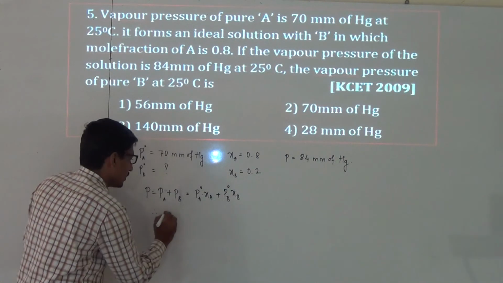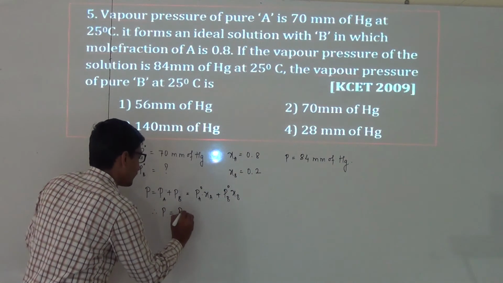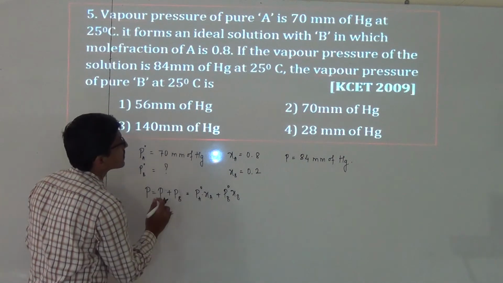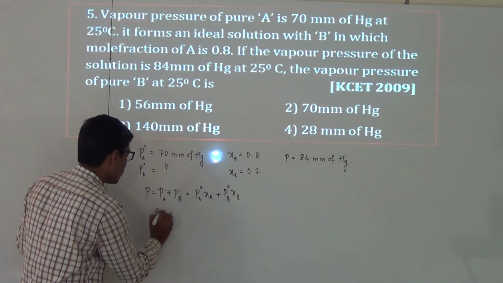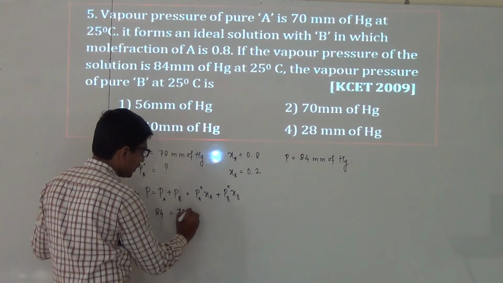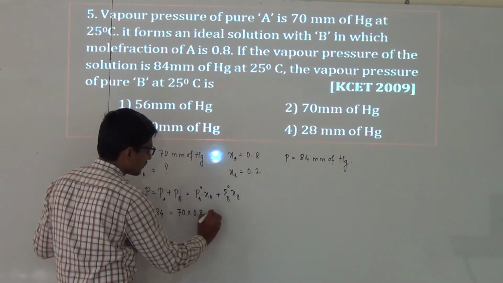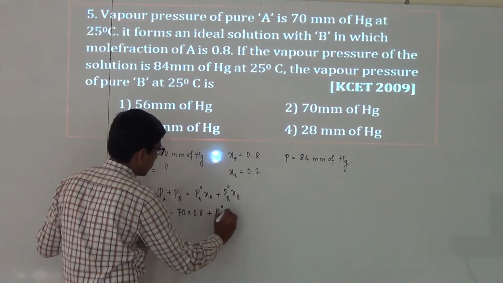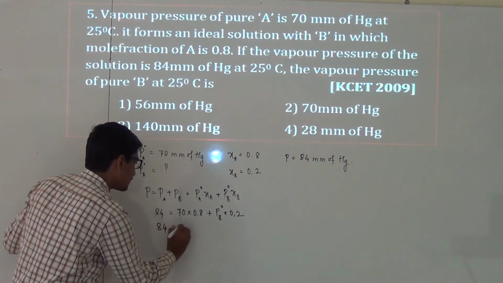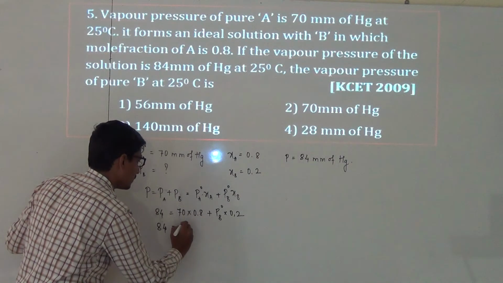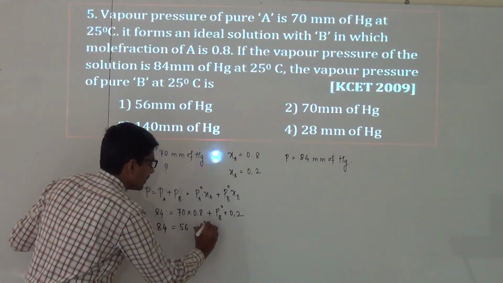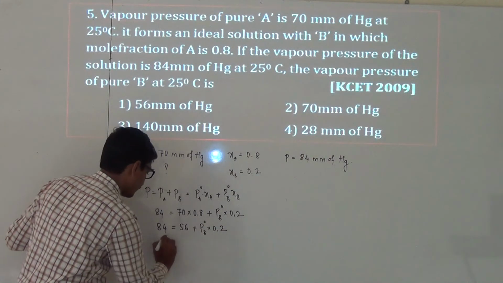Therefore, P is equal to total pressure of the solution, 84 mm Hg, then PA naught is 70 into 0.8 plus PB naught into 0.2. Here 84 is equal to 56 plus PB naught into 0.2.